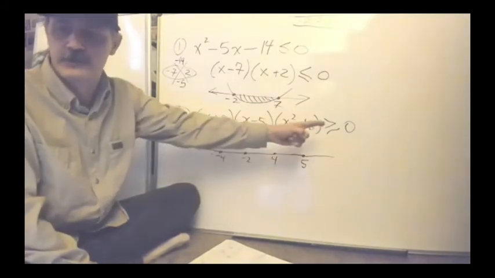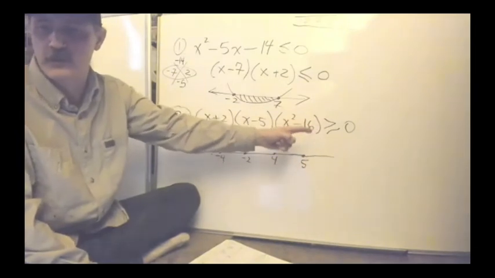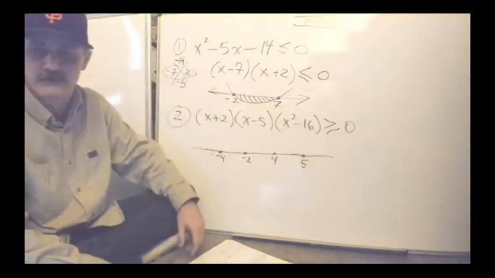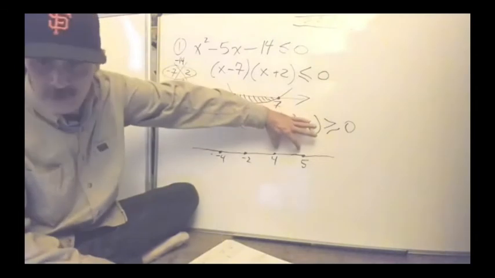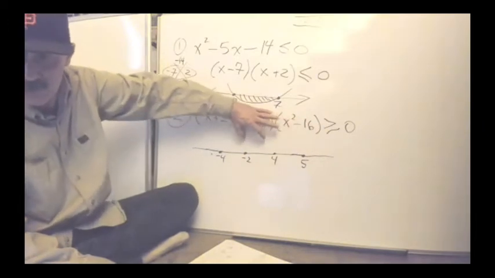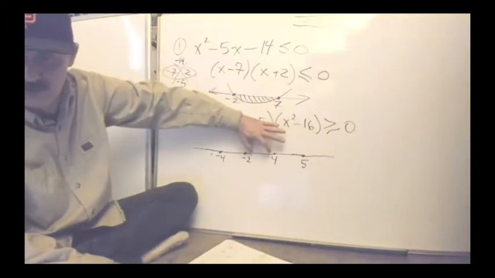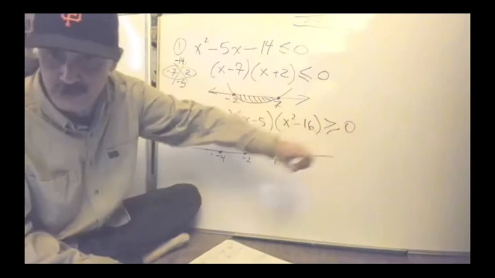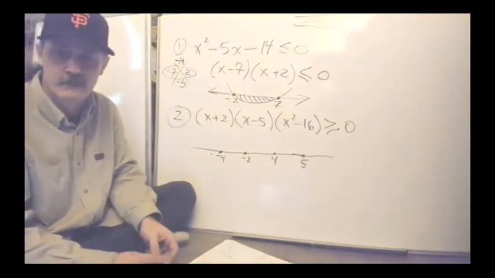And we're looking for the places where we're greater than 0. So we're looking for the parts of the graph where this is above. So in between these x-intercepts, the graph's either going to be above or below. So there's 1, 2, 3, 4, 5 regions where the graph could be above or below.